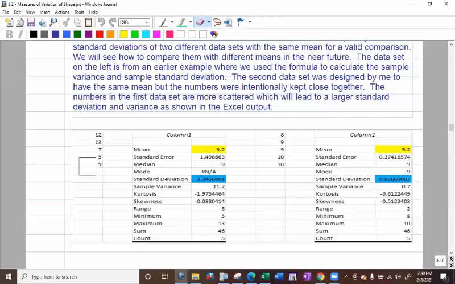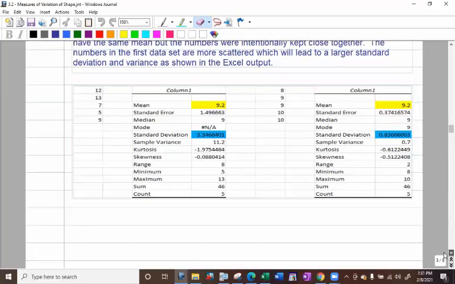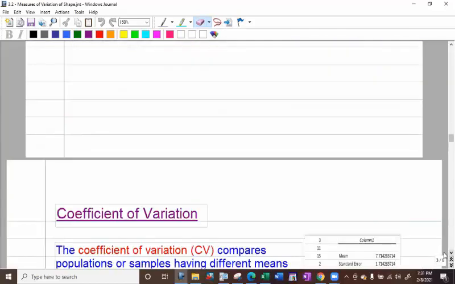So all that it guarantees is that the standard deviation for the second data set is going to be smaller than the one for the first data set, which you can see, 0.8366 versus 3.34. But like I said, while the number itself may not mean that much, you can definitely tell that the one on the right is going to have a smaller standard deviation because they're closer together, less scattered. All right, so don't worry about having to do something like this. It was just an illustration here, but we're going to see how to use, yeah, here's what we're going to do.